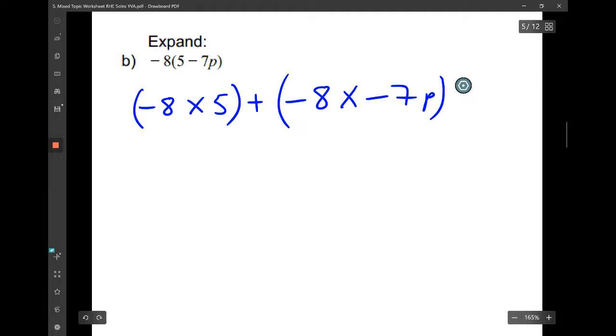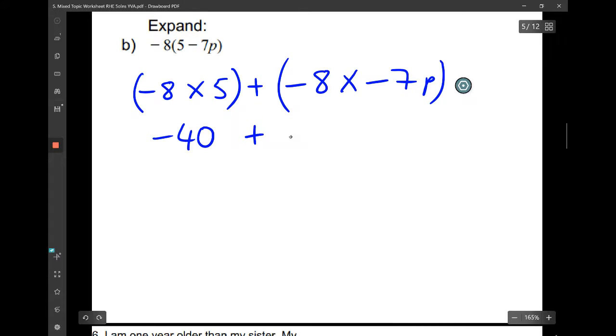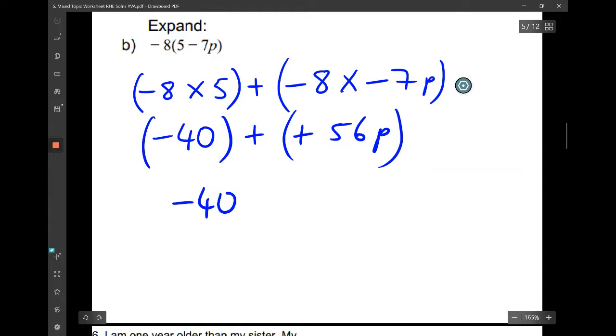So negative 8 times 5 is going to give me negative 40. And then I'm going to do negative 8 times negative 7, which is going to give me positive 56p. Now, we don't need to have that plus sign there, so we can just simplify it to negative 40 plus 56p. Yay!